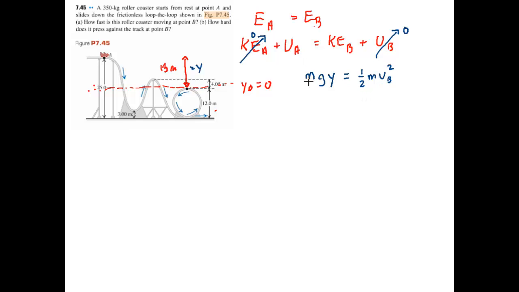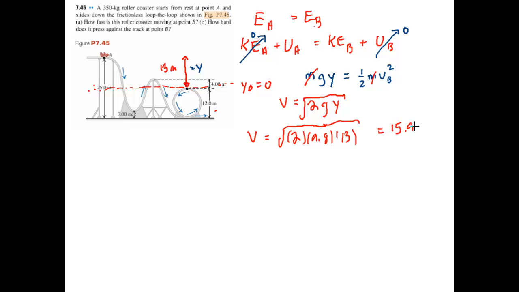Masses are going to cancel out, and I can simply write that the velocity is going to be the square root of 2 times gravity times that height of 13 meters. Plug all this stuff in, and I get the square root of 2. Gravity's going to be 9.8. The height's going to be 13 meters, and I'm going to come up with 15.96 meters per second.